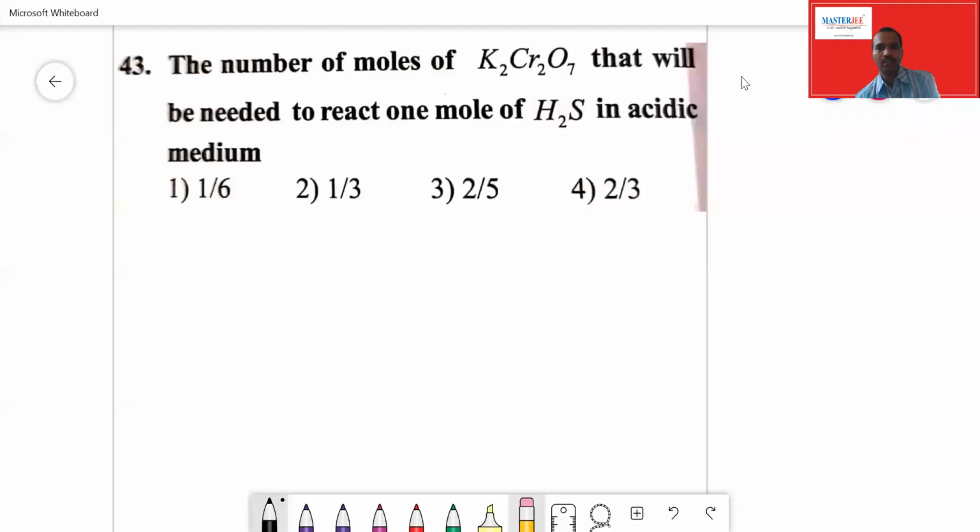Okay, next question: the number of moles of potassium dichromate needed to react with 1 mole of hydrogen sulfide in acidic medium.